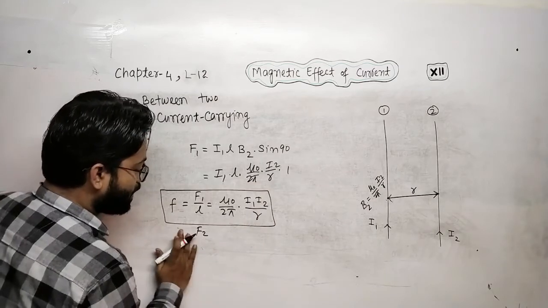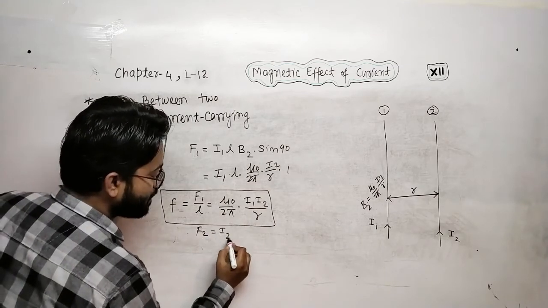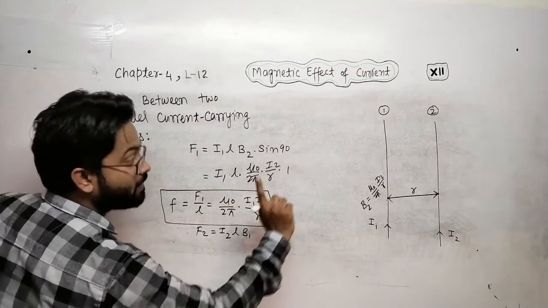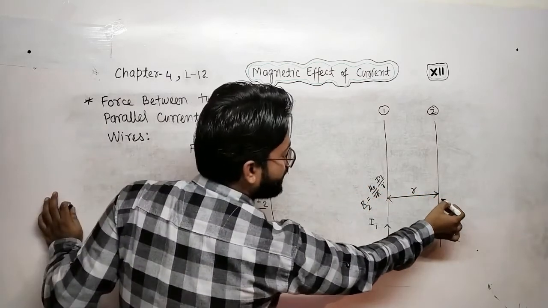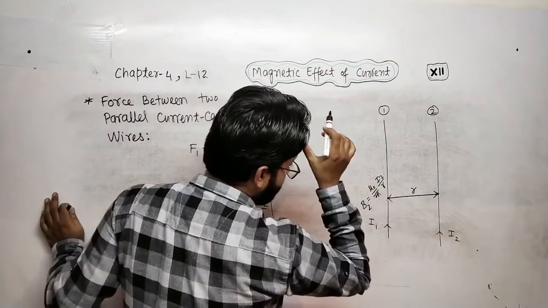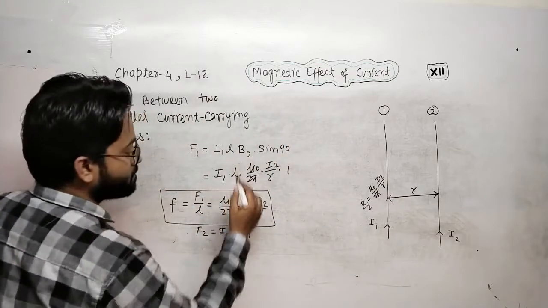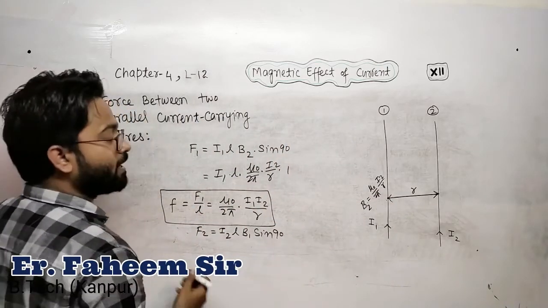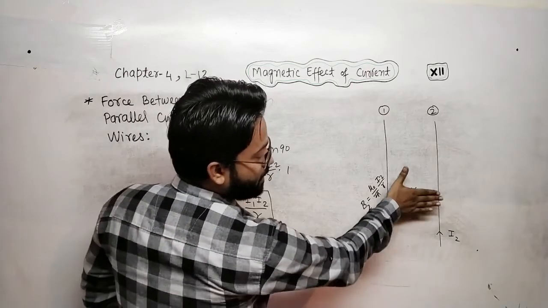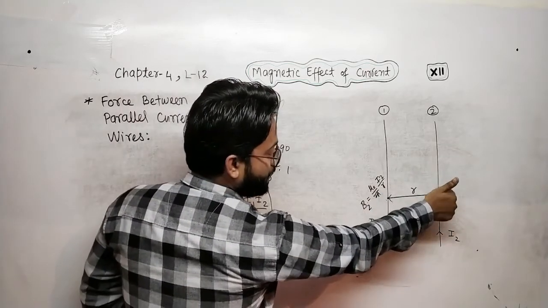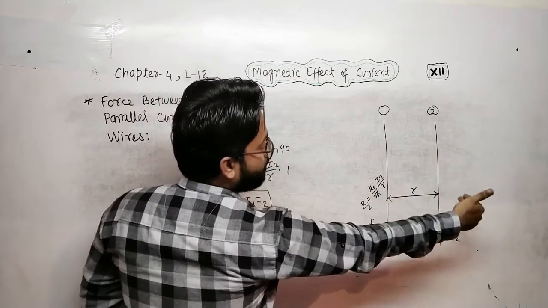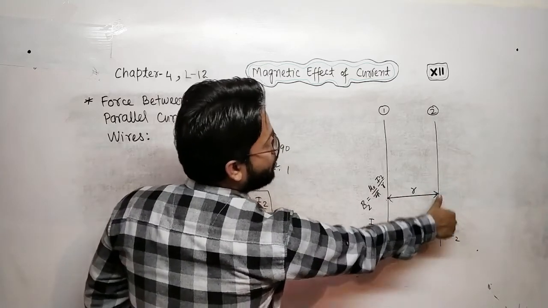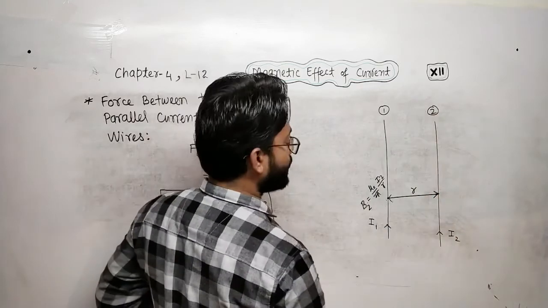The force on the second wire will be equal to I2 L B1, the magnetic field at that point due to the first wire. The angle is 90 degrees, because the magnetic field due to this wire at that point will be inside, and the current is moving upward.